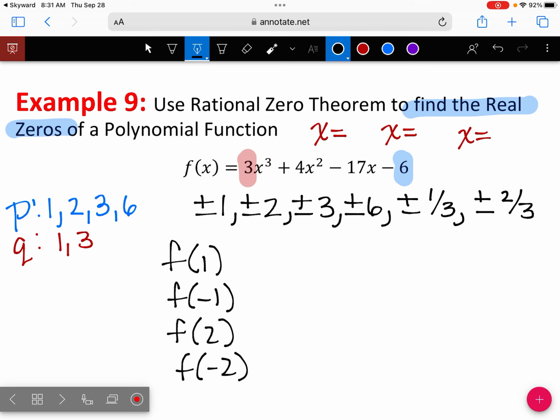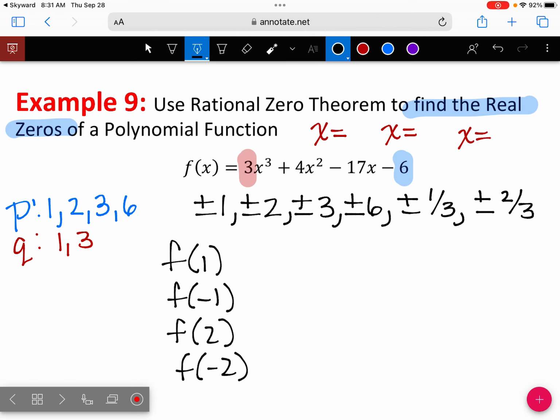To make this go faster, I want these 2 rows to test 1, these 3 rows to test negative 1, this group to test positive 2, and negative 2 over here. I just need to see which group gets a 0.